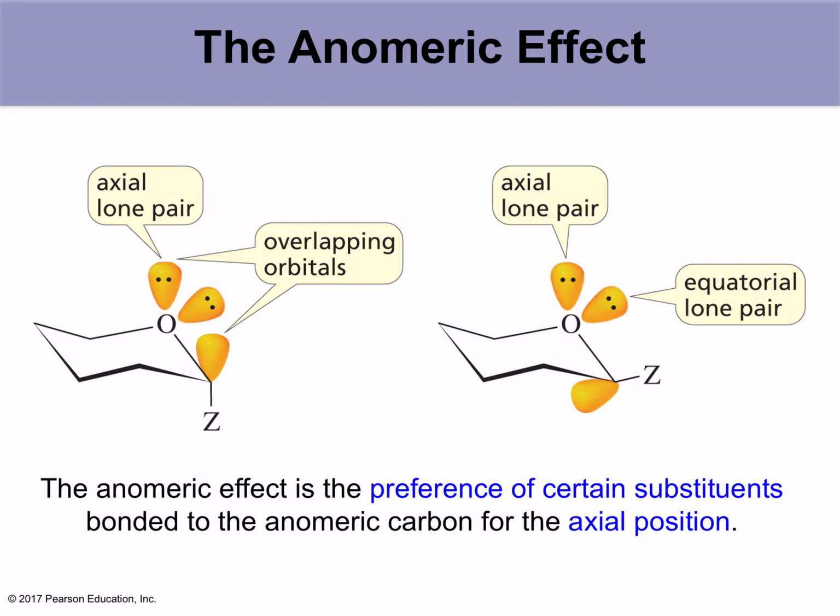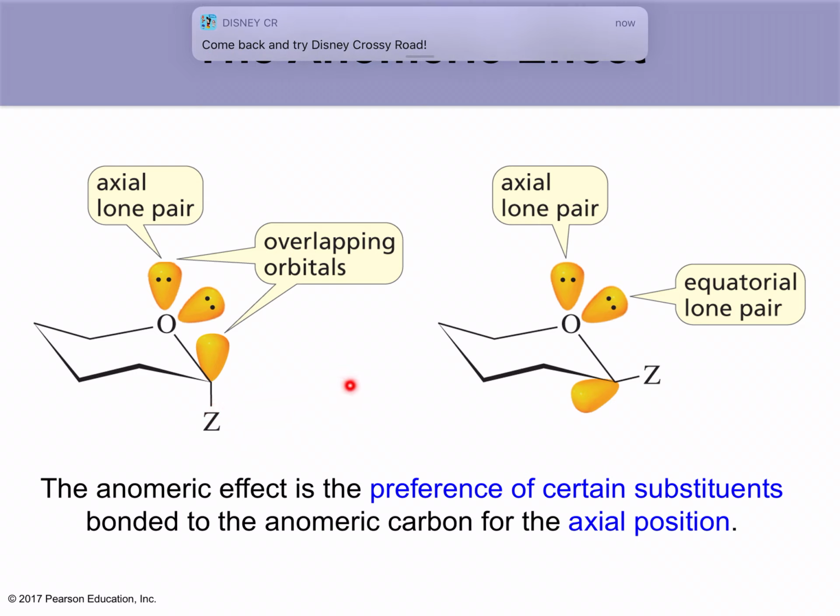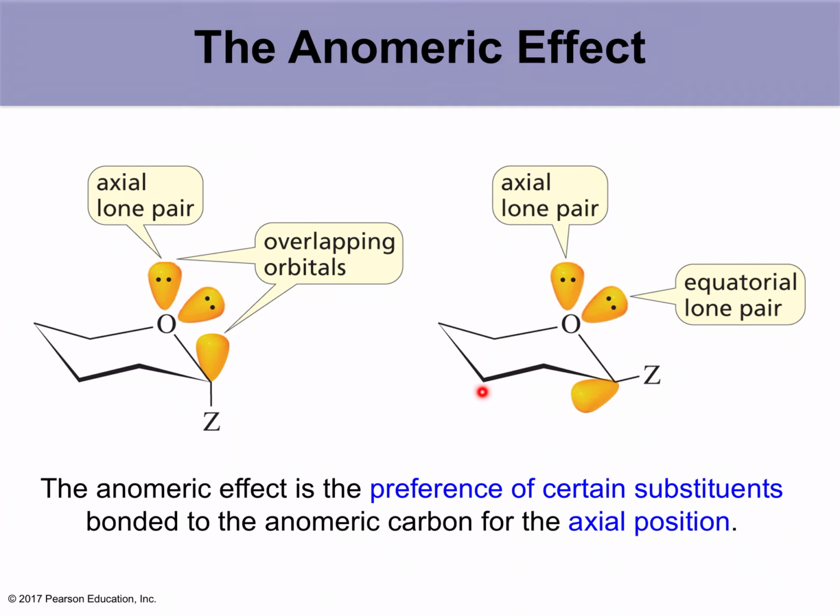Okay, so remember that this is your glycosidic linkage. So this is axial and then this one is your equatorial carbon. Here you have oxygen and here also you have oxygen. Oxygen has lone pairs, two lone pairs. So this is the axial lone pair, this is the equatorial lone pair.